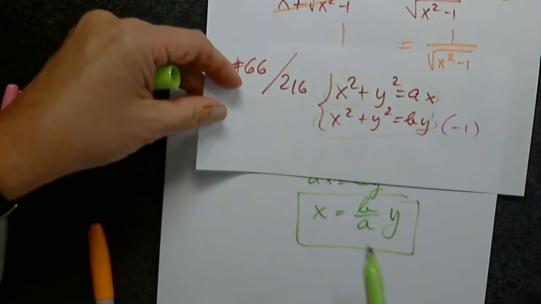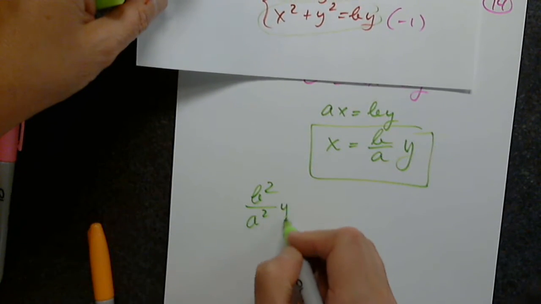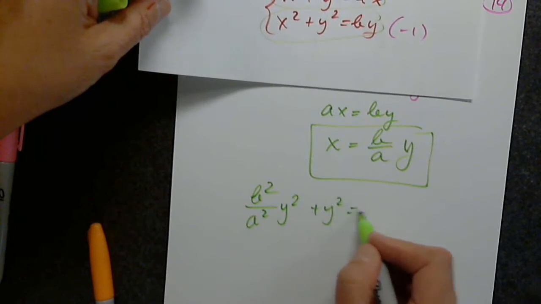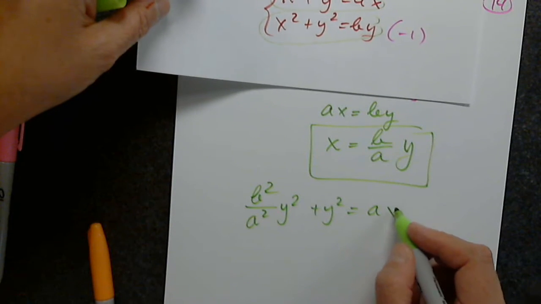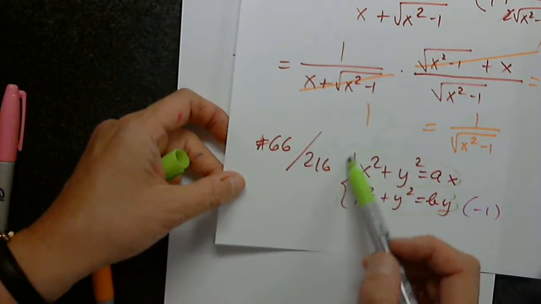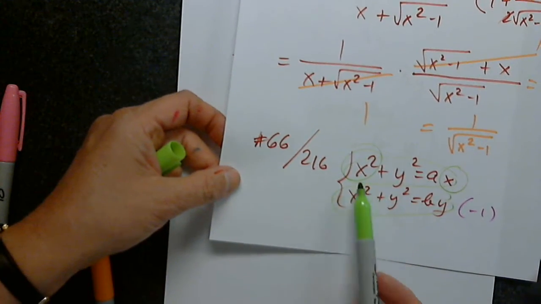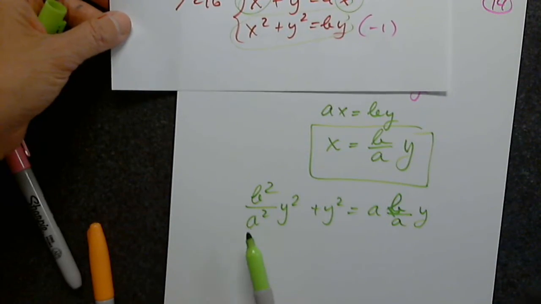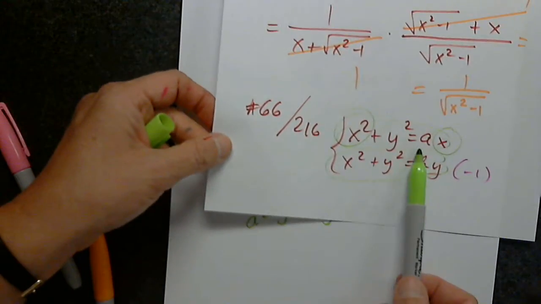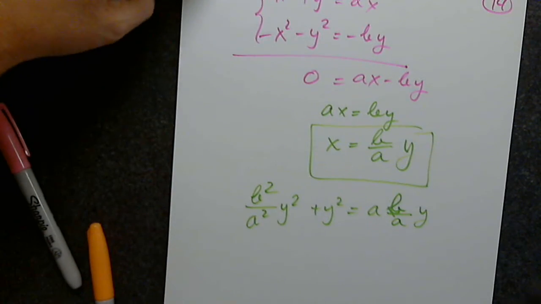Okay, perfect. So I have to square to put it in. So this is b squared over a squared y squared plus y squared equals a times b over a times y. So I have x here and I have x here. Here I had to square this, and I got b squared over a squared y squared. And here I had a times x, which is b over a times y.